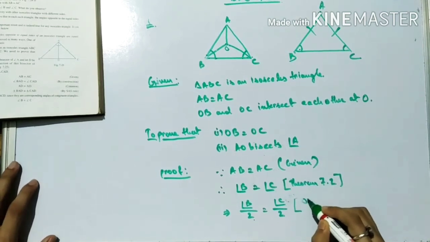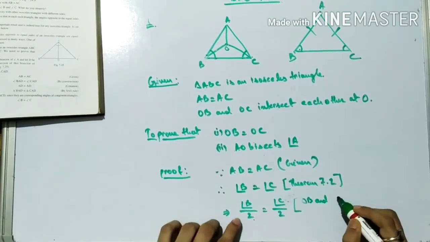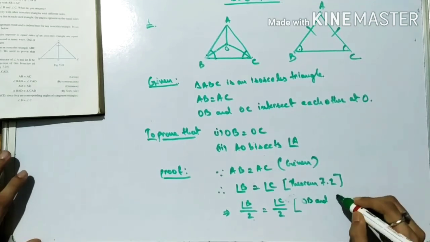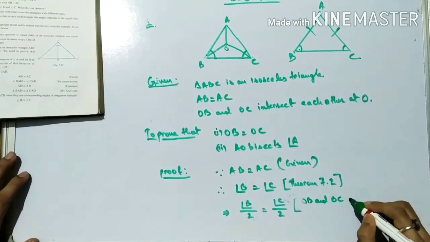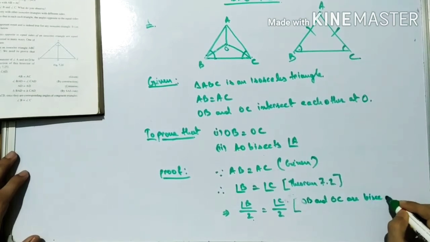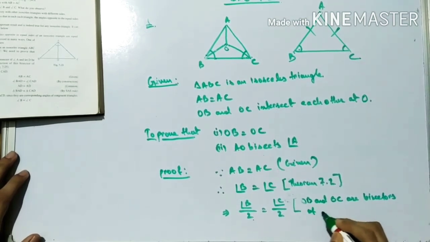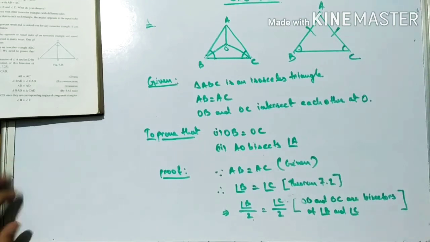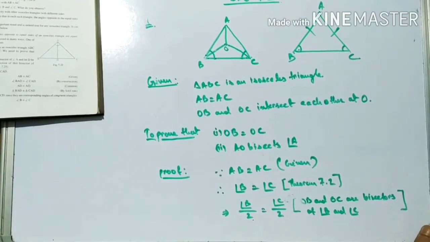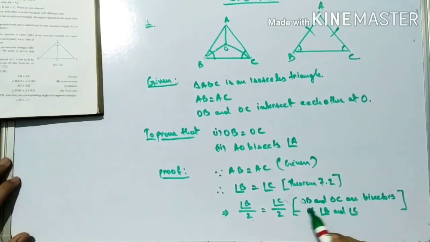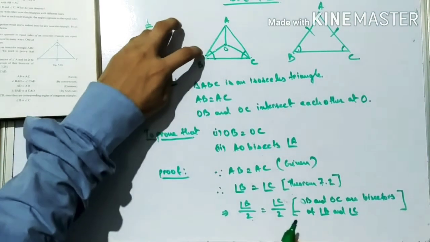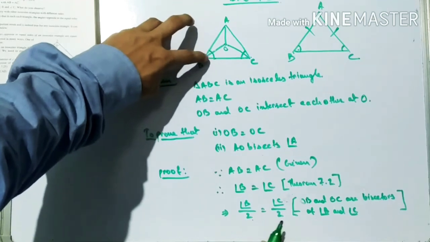In the bracket I will write OB and OC. Why will angle B by 2 be equal to angle C by 2? Because OB and OC are bisectors of angle B and angle C. So now this whole angle is angle B, and this is angle B by 2.